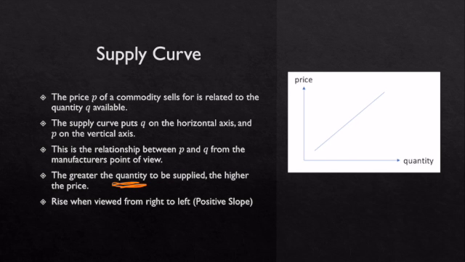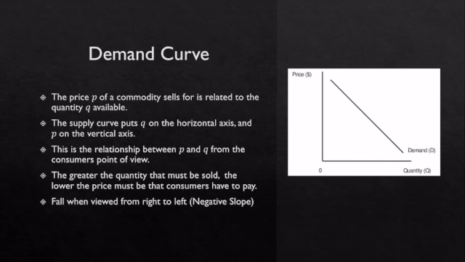When we're talking about the demand curve, so the demand curve is the price a commodity sells for related to the quantity available, right? The demand curve puts Q as our quantity still on our horizontal axis and our price is still on our vertical axis. But the demand curve is from the consumer's point of view, right?